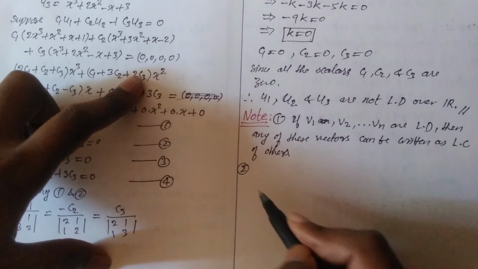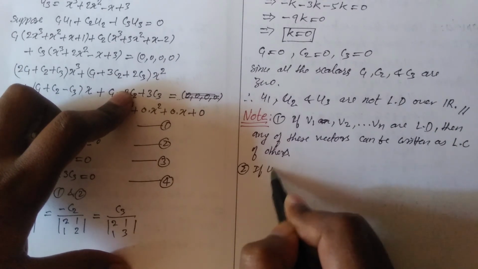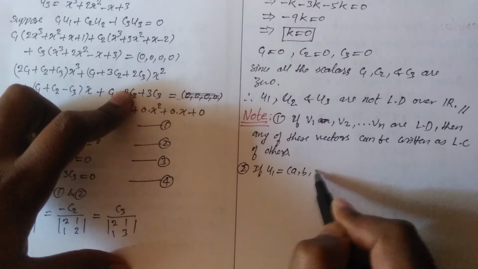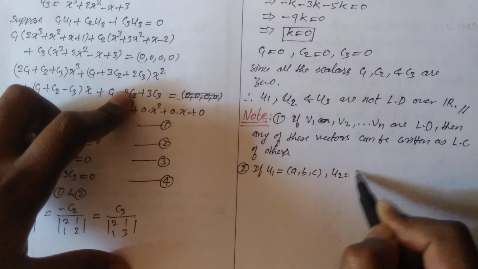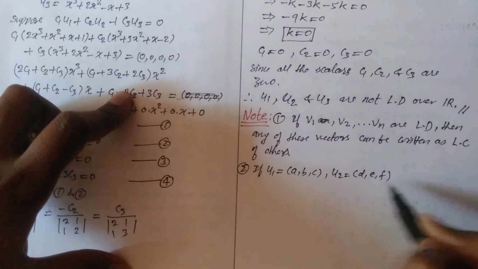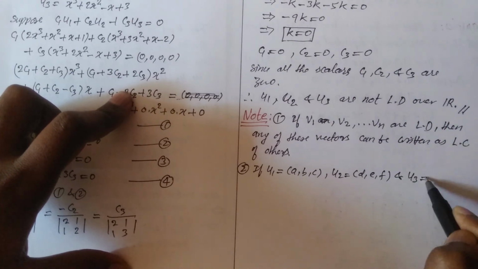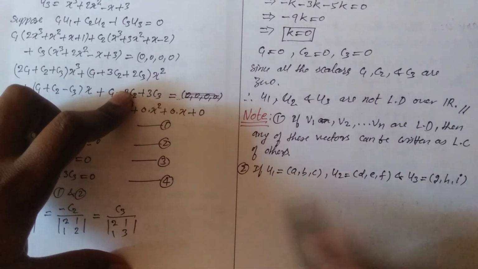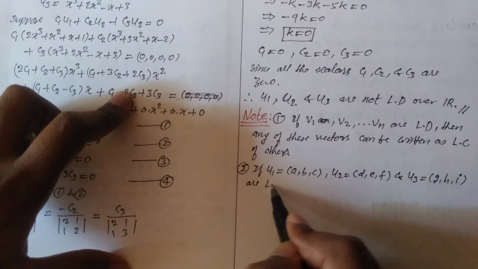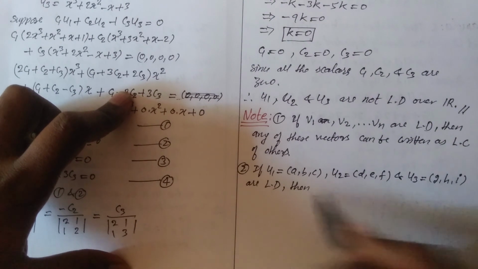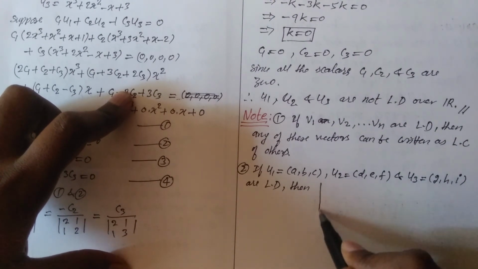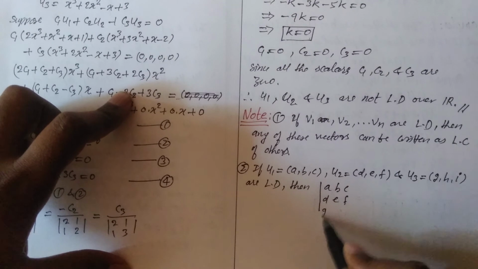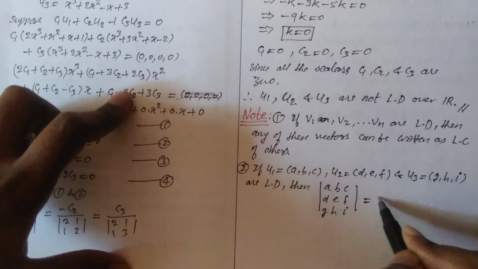Now note number 2. If u1 equal to a, b, c, u2 equal to d, e, f and u3 equal to g, h, i are linearly dependent, then determinant of this vector a, b, c, d, e, f, g, h, i is equal to 0.